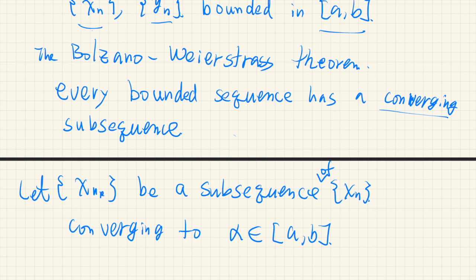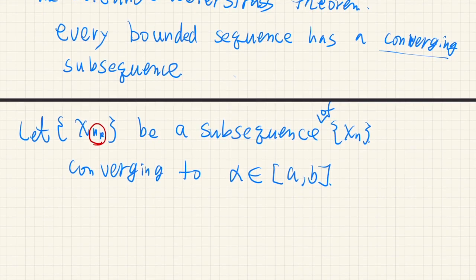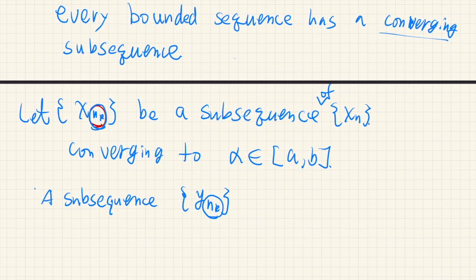Next, by using these indices of this subsequence, we define a subsequence of y_n. So using this, we can define a subsequence y_{n_k}. So this index is the same as this index, okay? But it's not guaranteed that this is a converging subsequence. But it is still bounded, so we can choose a subsequence from this subsequence.